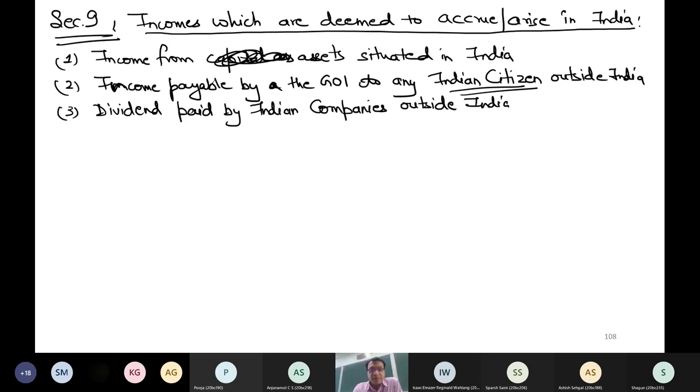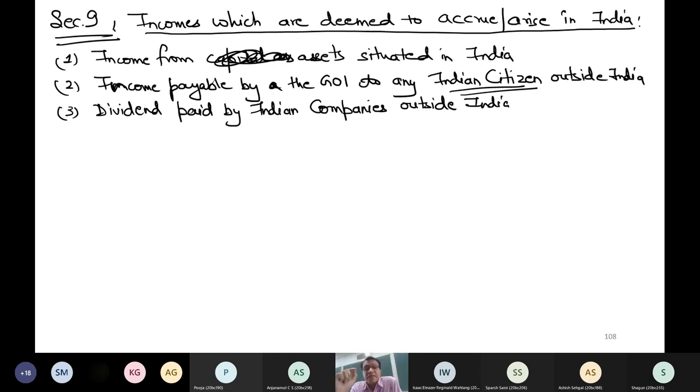So this is the benefit of this section 9, where income might be actually accrued outside India, income might be actually received outside India, still any non-resident or any resident but not ordinarily resident will not argue on that point.